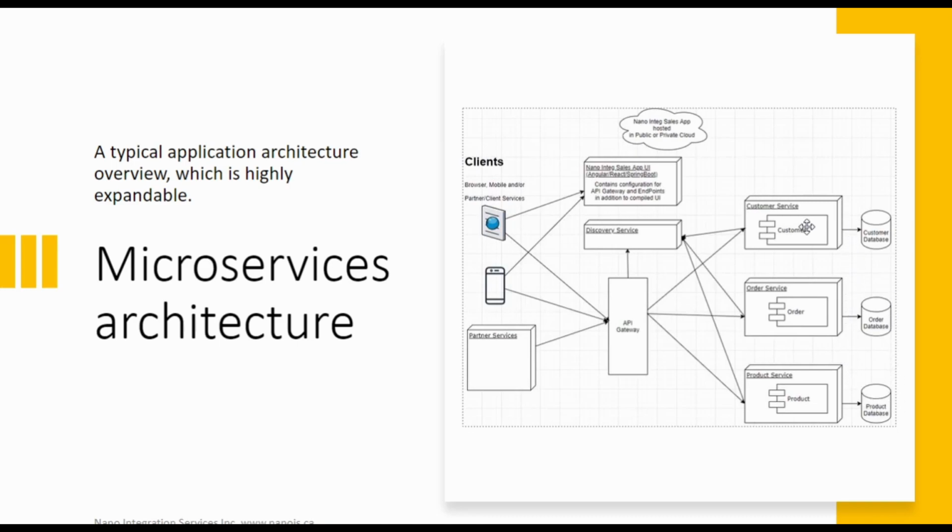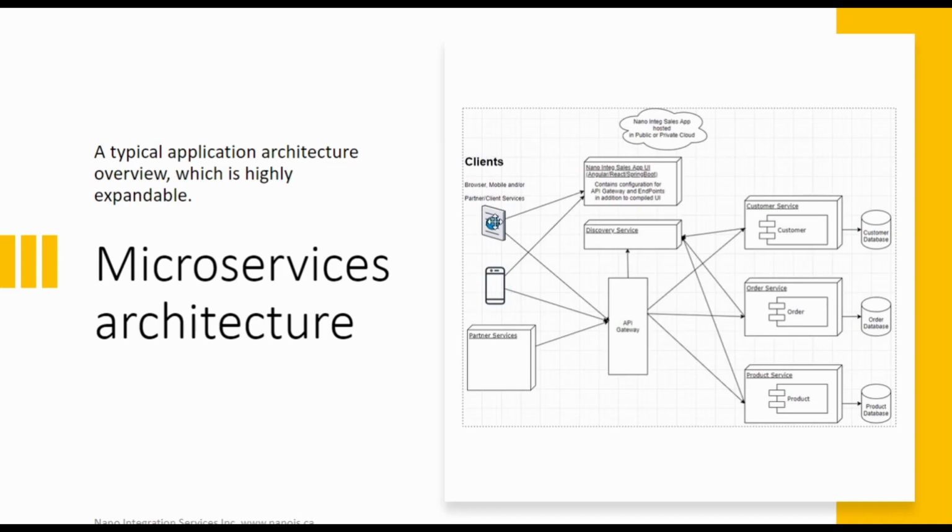Then we have the microservices: customer service, order service and product service. Then we have the discovery service where all those services will register themselves. And then we have an API gateway which will enable the clients to communicate with the services. And then we have a separate deployment of the Nano Integration Sales App UI that can be in Angular, React, or Spring Boot, whatever the technology of choice is.